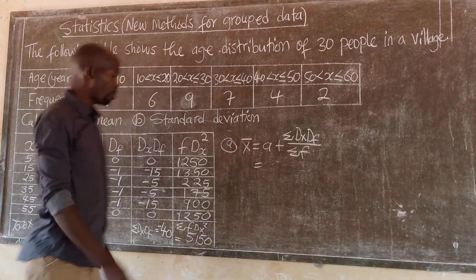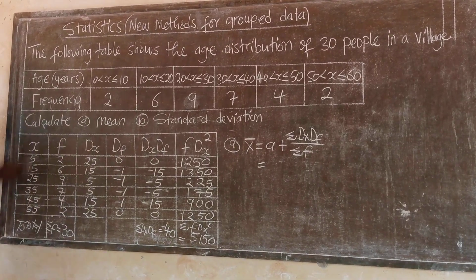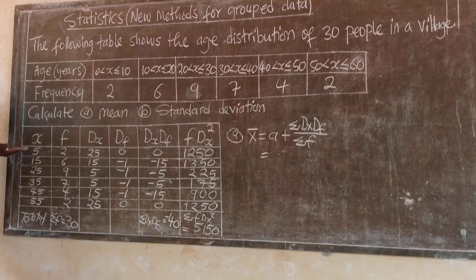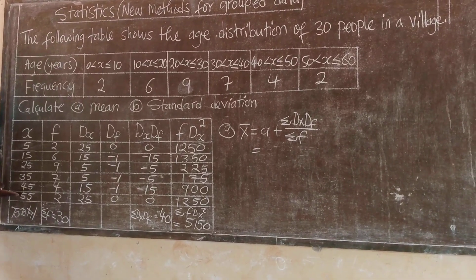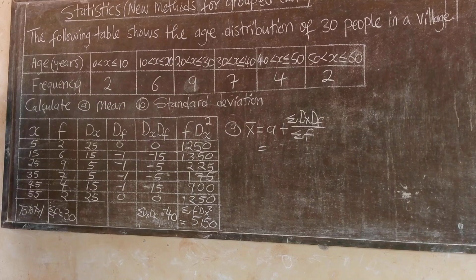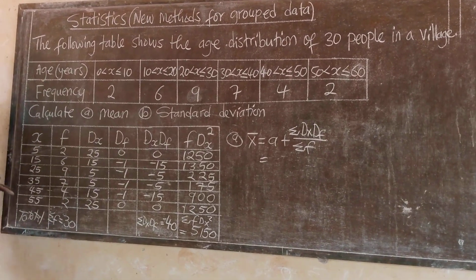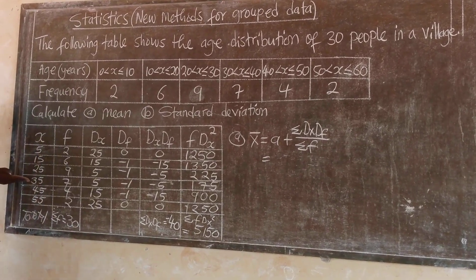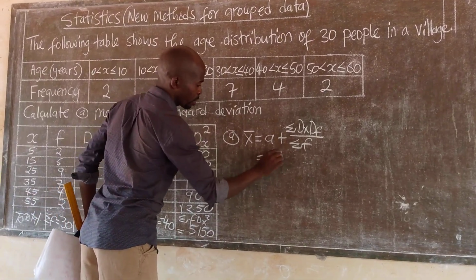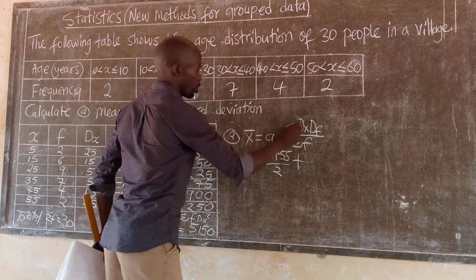Now A is the mid value of the information in the x column. And how do we find that? You simply add 5 plus the last one, 55, you get 60, then 60 divided by 2. Or you can add 15 plus 45, you still get the same result, or 25 plus 35, you still get the same result.